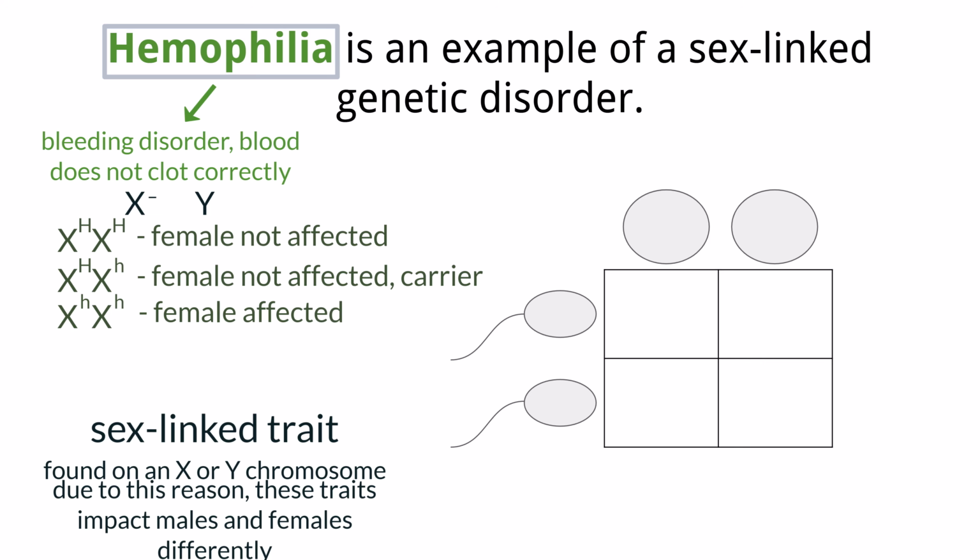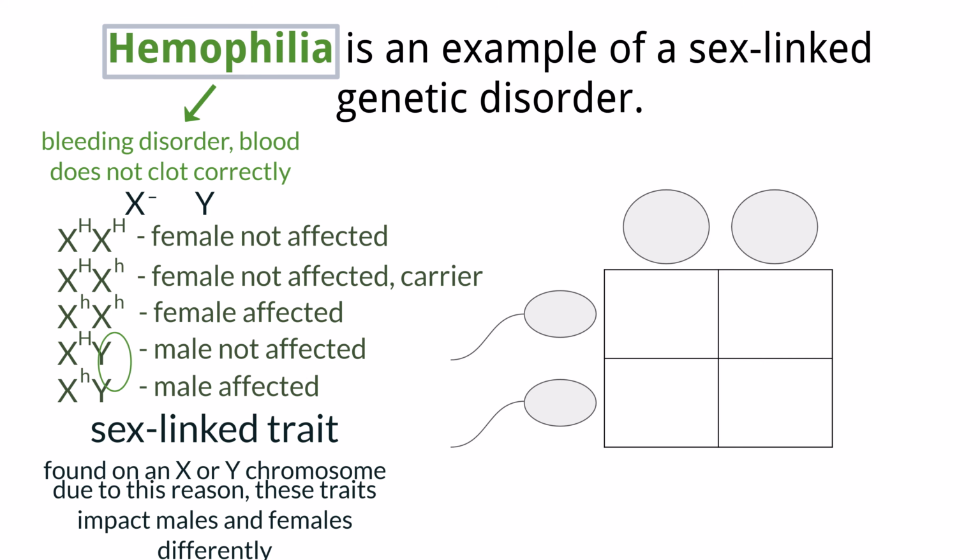XX is again a female, but if both of the superscripts are lowercase h's, it is an affected female. XY is a male, and if the X carries the uppercase H, it is a not affected male. XY is a male, but if that X has the lowercase h, the male is affected. There is no superscript on the Y, as there is no allele for hemophilia on the Y chromosome.